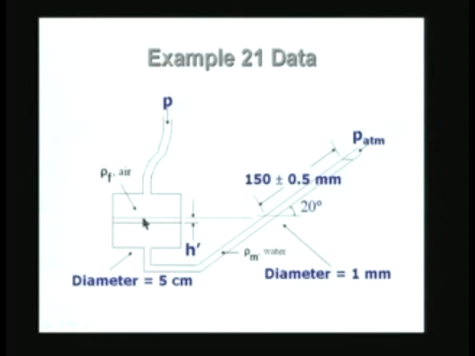So, we have the well on the left hand side, and the pressure to be measured is fed into the well, as you see here, and the density of the air is given as rho f, and the inclined tube is at an angle of 20 degrees as indicated here, and the distance between the datum and the reading which is taken in this particular case when the pressure is applied as P is given as 150 plus or minus 0.5 millimeters.